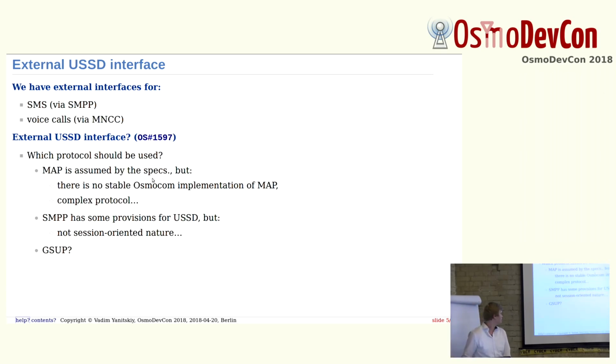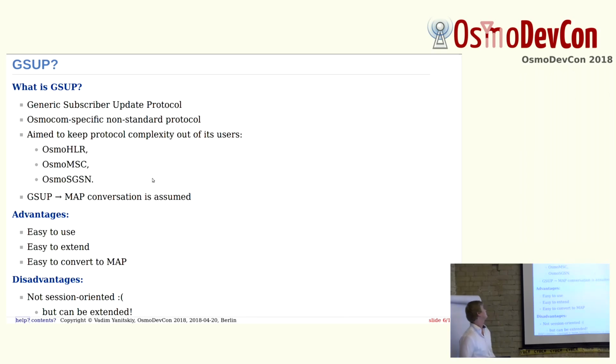And what about the GSUP protocol? It stands for Generic Subscriber Update Protocol. It's a non-standard custom protocol, which was intended to keep the protocol complexity away from its users. If I'm correct, the current users of this protocol are OsmoHLR, MSC, and SGSN.